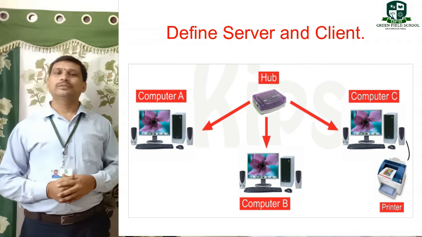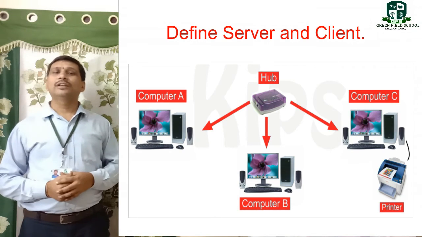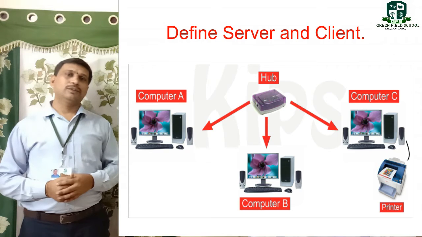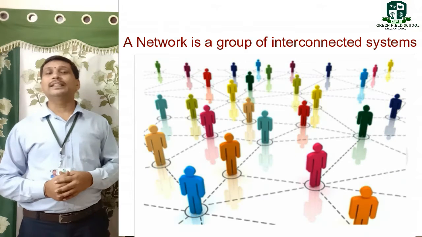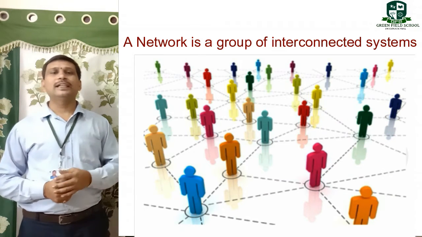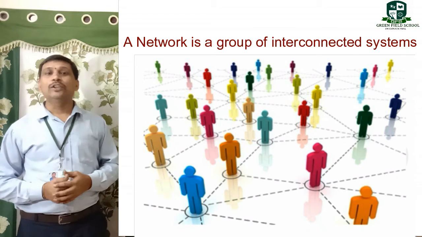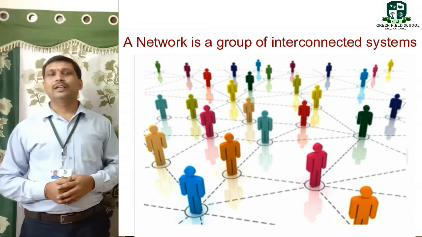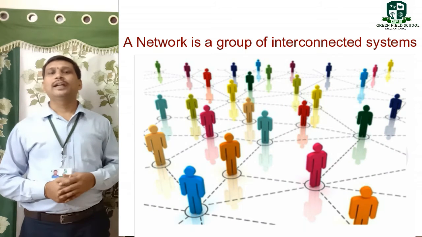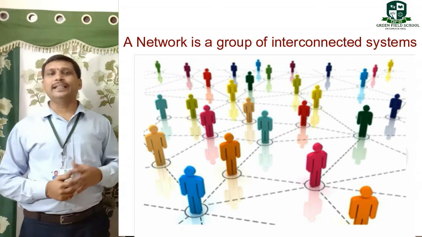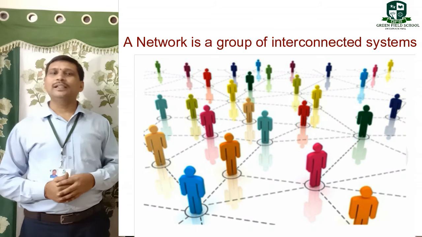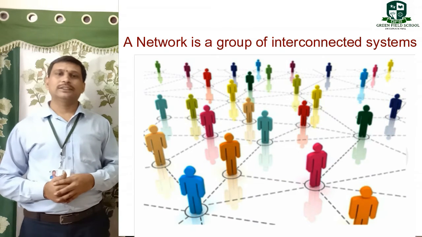Coming to the next concept, the advantages of computer networks. Many advantages are there when we establish a computer network. A network is a group of interconnected computers to share and exchange information or data and hardware resources.